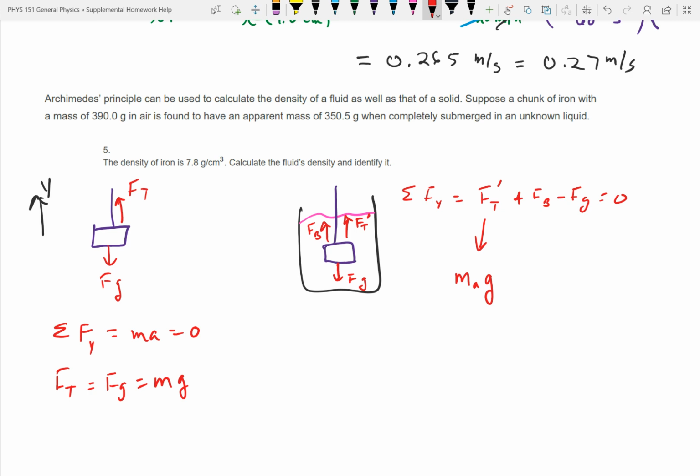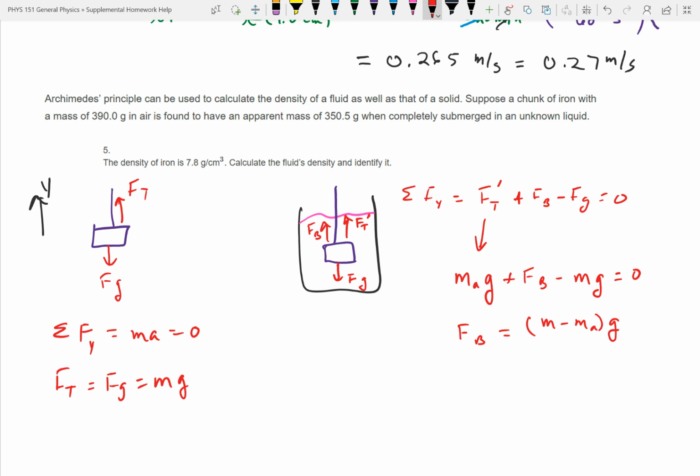So the tension prime is the apparent mass times g, plus buoyant force minus the force of gravity, which is the actual mass times g, is 0, which gives me the buoyant force is equal to (m minus m apparent) times g. That was really pretty obvious.